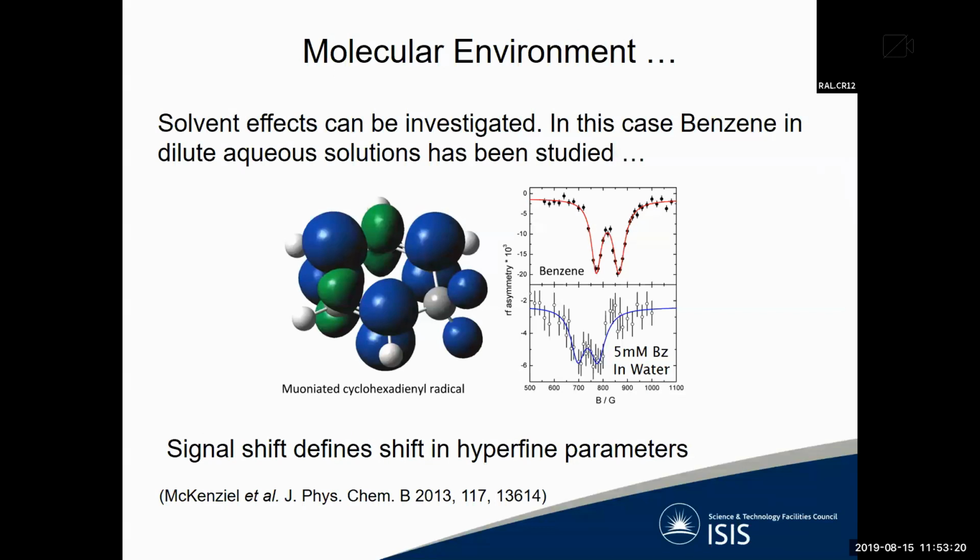And then if you move to 5 millimolar benzene in water, you can see there's a shift in the hyperfine coupling. And you can relate that shift to other measurements of solvent effects, and look at how the hyperfine interactions might be modified by the benzene molecule being surrounded by water molecules in the system.